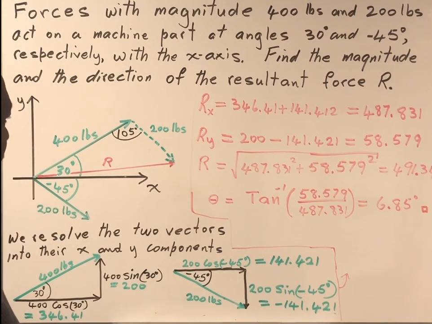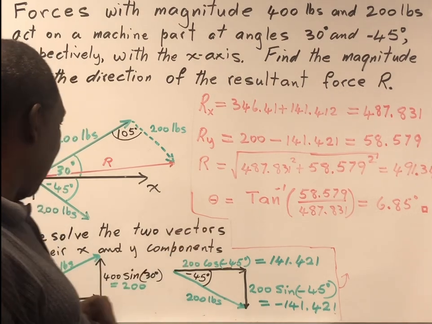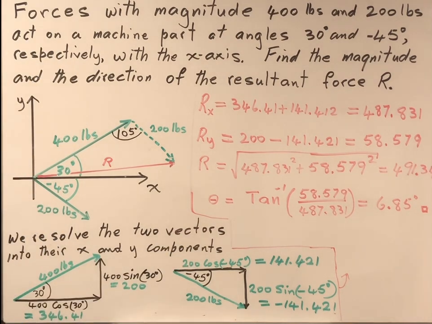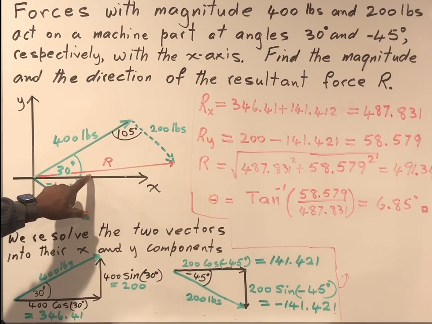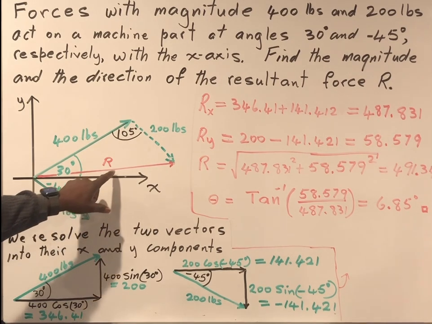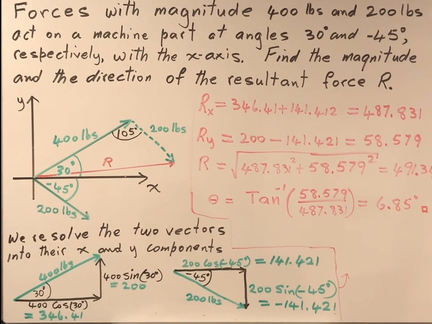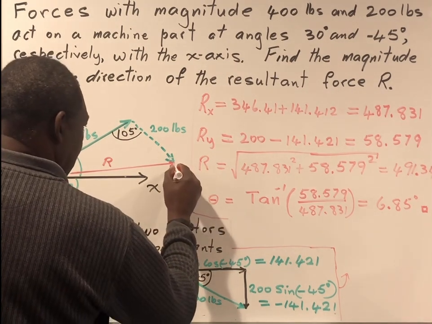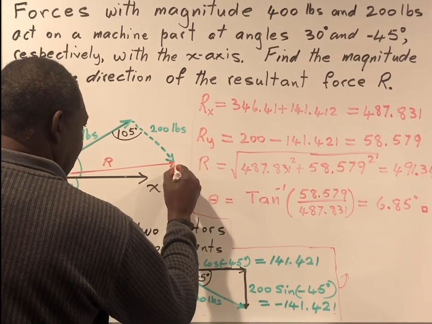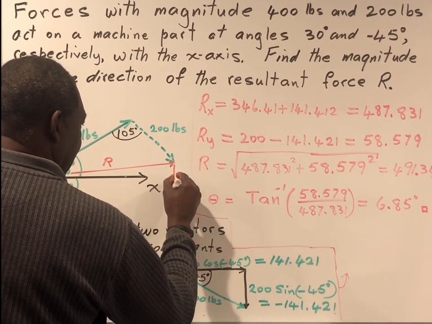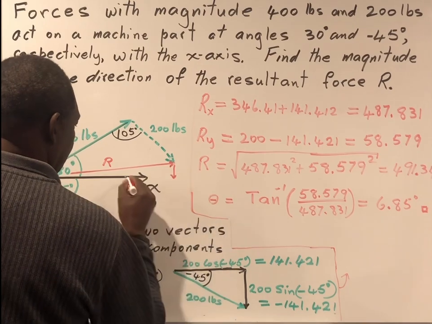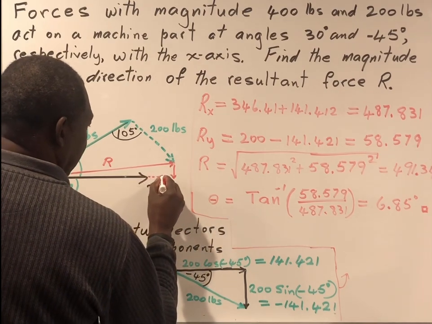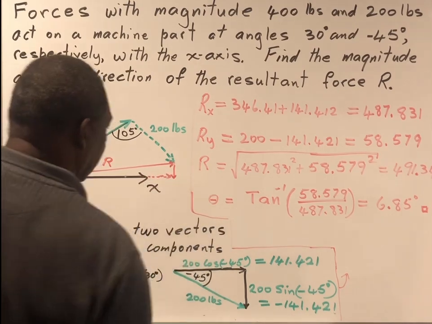And now the angle that we're looking for, angle theta, is the angle right here that is made between the x-axis and the resultant. The x component extends out to there.